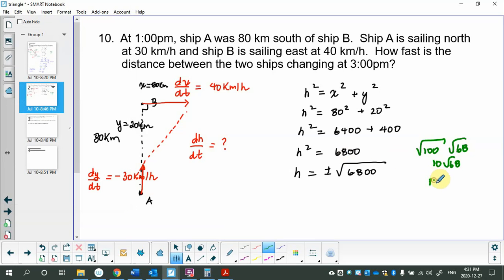So I've got the 10, I've got a 4, I've got a 17. I can take the square root of 4, which is 2, leave the 17. So my h, and I'm only going to use the positive version because it's the one that makes sense, is 20 root 17. Yes, you can use a decimal, but if you're going into college or university calculus, it's not going to be acceptable. You want to keep all your accuracy.